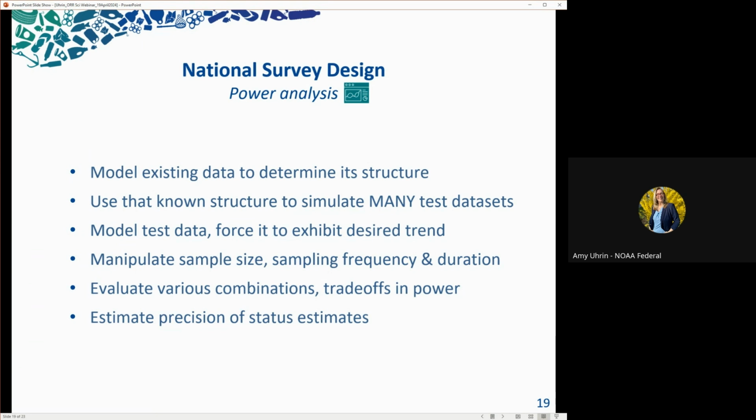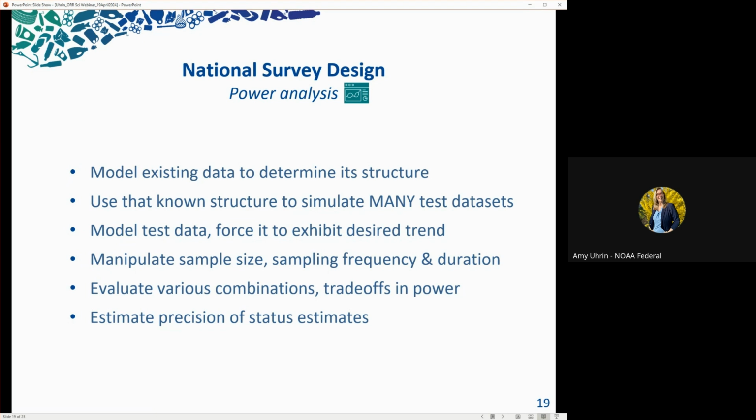So knowing that for a real data set, we take that information and we can simulate many, many other data sets that have the same basic structure as the real data. And then we can model those simulated data sets and force them to exhibit the change over time that we are interested in. In this case, we were really interested in 20% change.